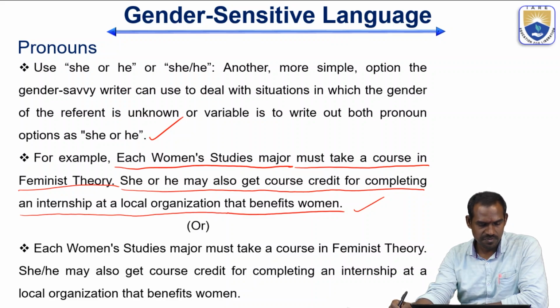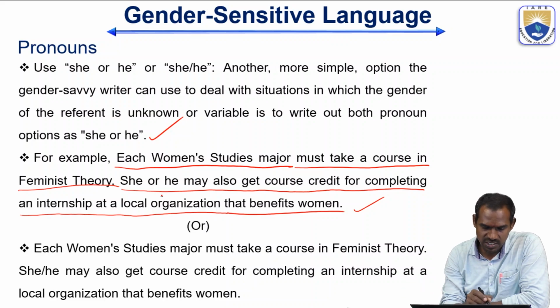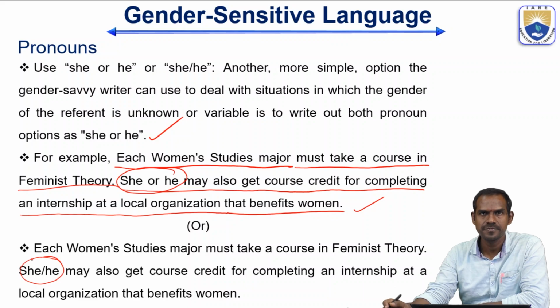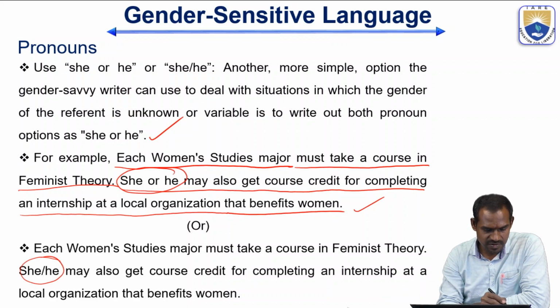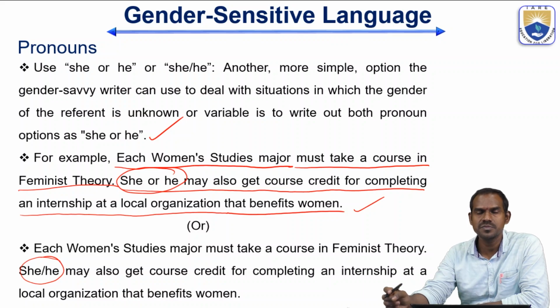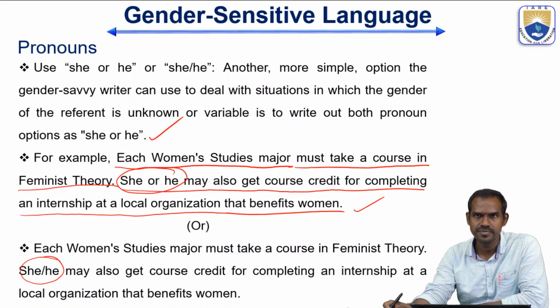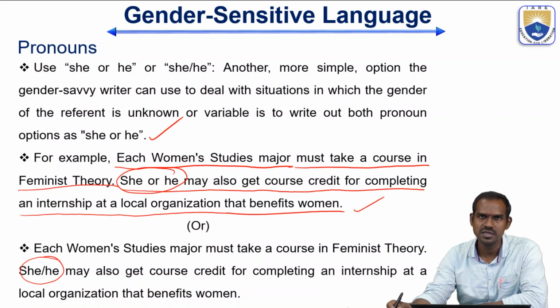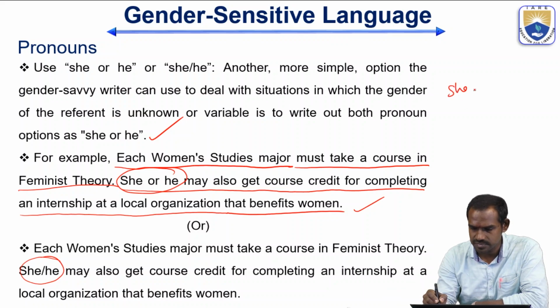Full stop. She/he, instead of she or he. Here she/he is used. So here the noun, the singular noun, is represented by the pronoun she or he, or she/he.